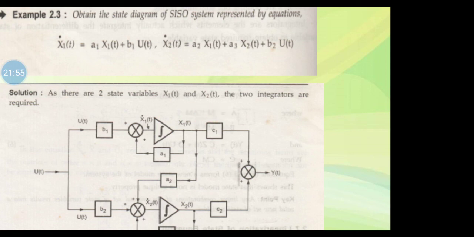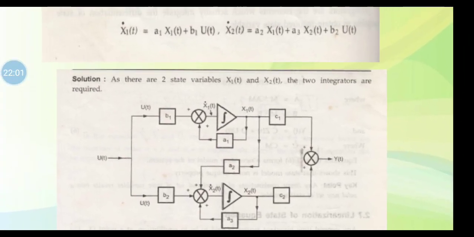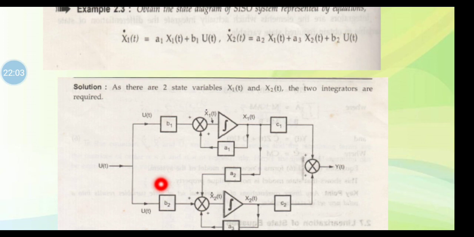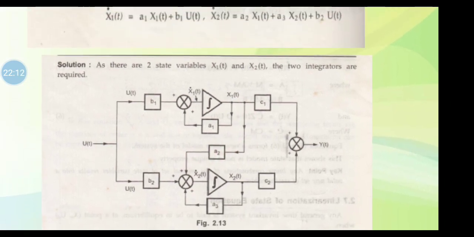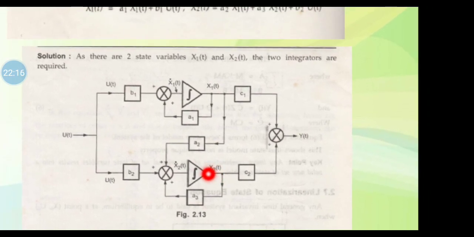Similarly, b2 u of t plus a2 x1 of t plus a3 x2 of t. All three are given to the adder, and we get x2 dot of t.